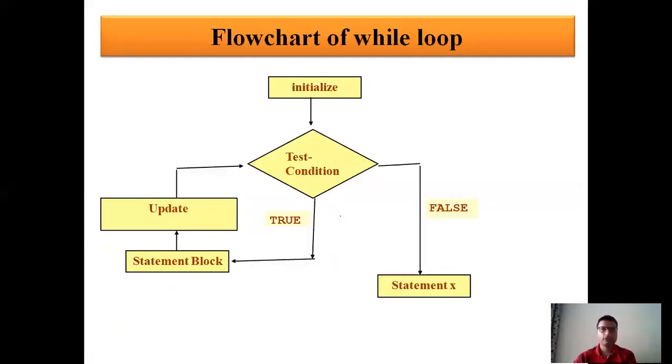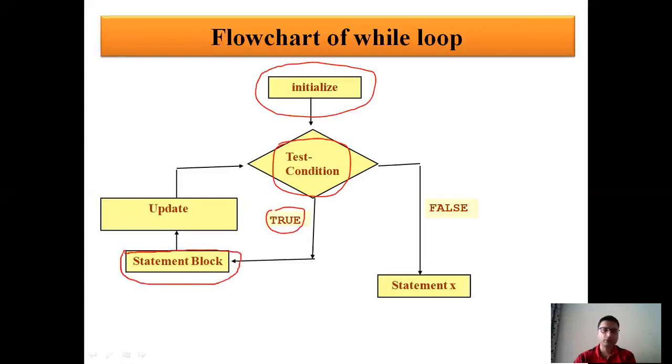Now let us have a look at the flowchart of while loop. I hope you remember the flowchart that we have already seen in the for loop. This flowchart is exactly similar to the flowchart of for loop. Here we have initialization of control variable. Then after that we are going to test the condition, and if this condition is true, then a statement block is going to execute, and after statement block, we are having updation, right?